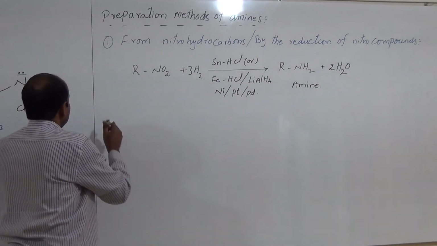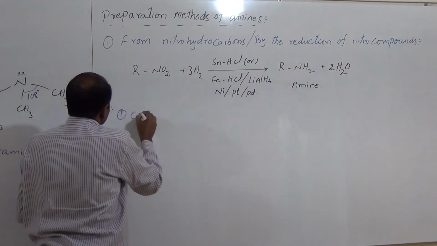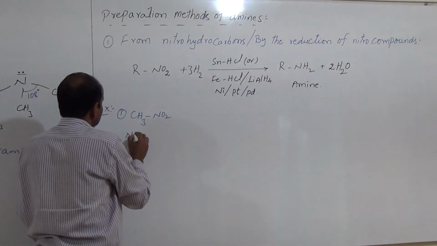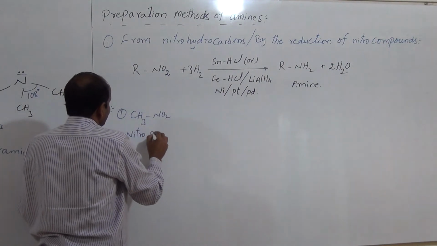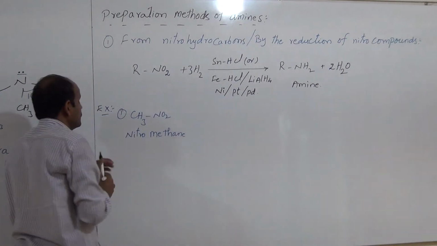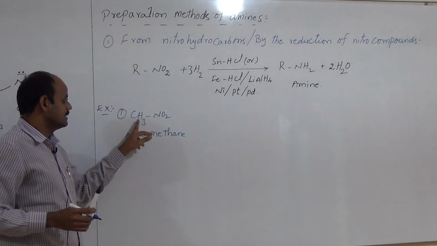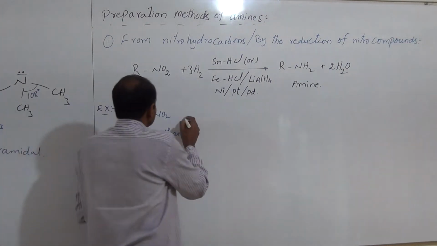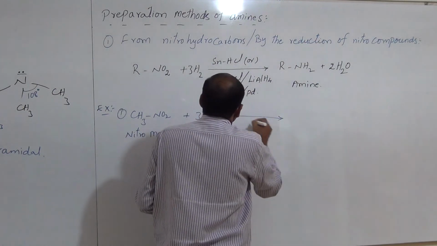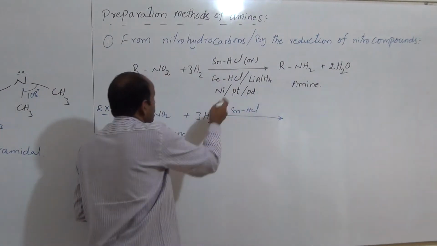Example: you take CH3NO2. What is the name of this one? Nitromethane. The substituent is nitro, and CH3 is the 1 carbon alkane, methane. It undergoes reduction in the presence of Sn/HCl or lithium aluminum hydride.